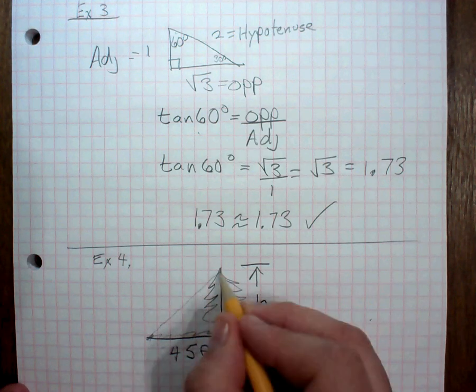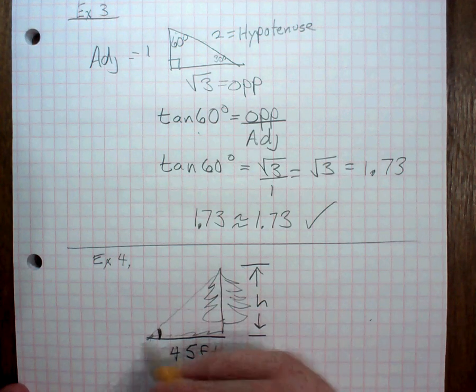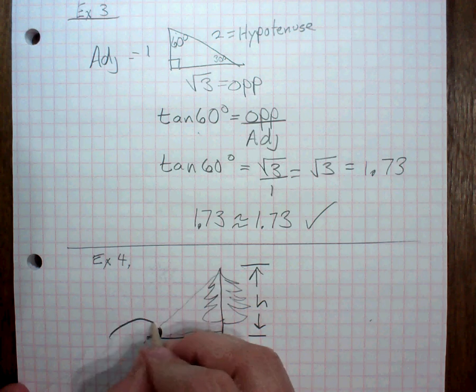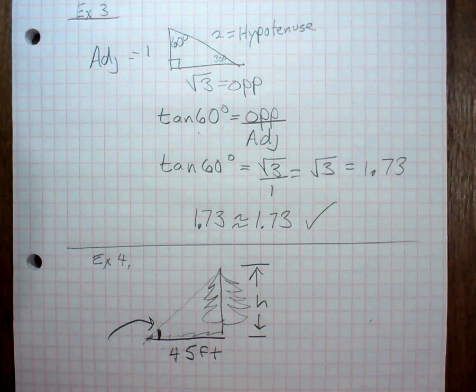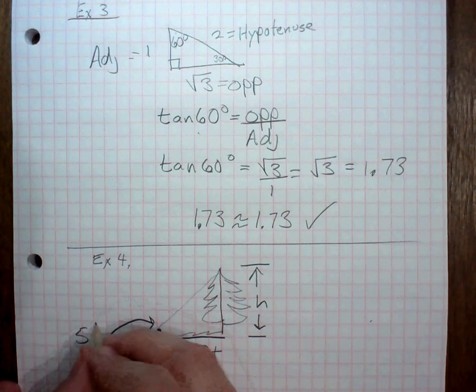And we notice that this angle from the ground to the tip top of the tree is 59 degrees.